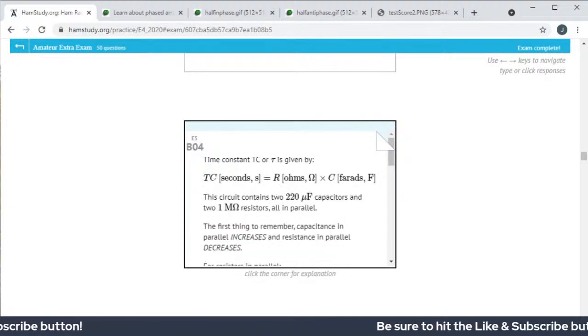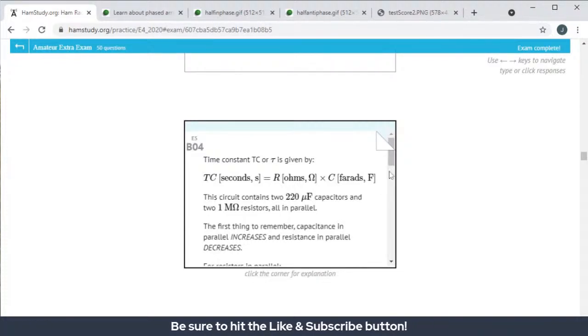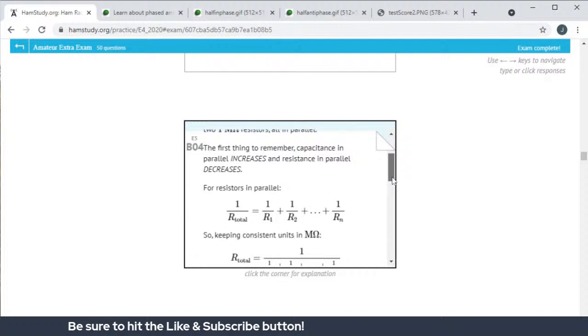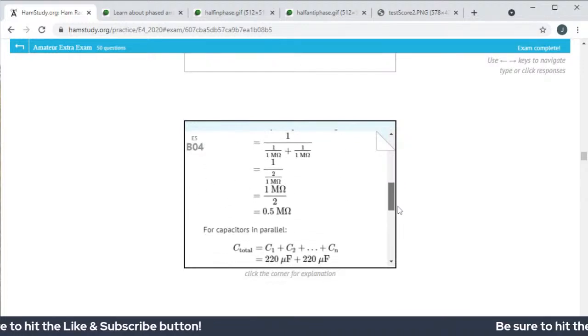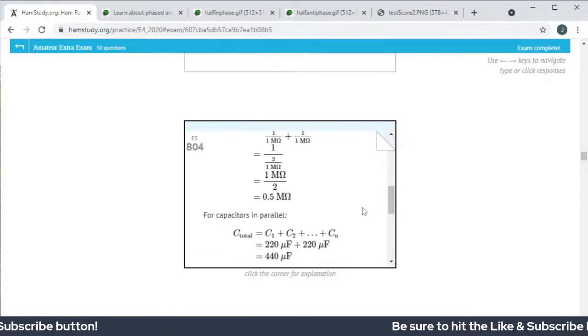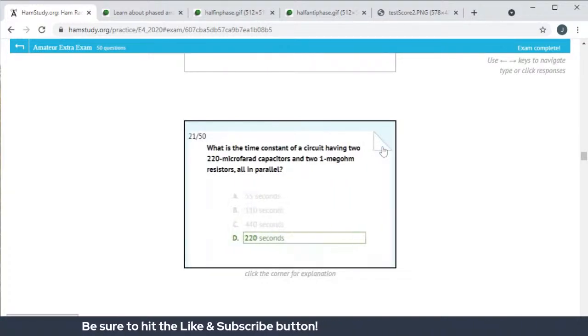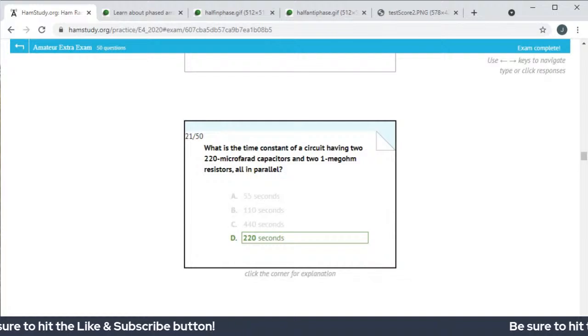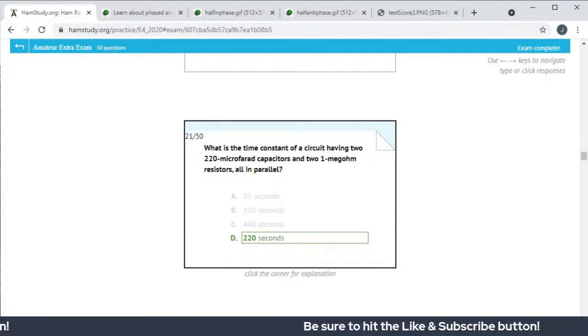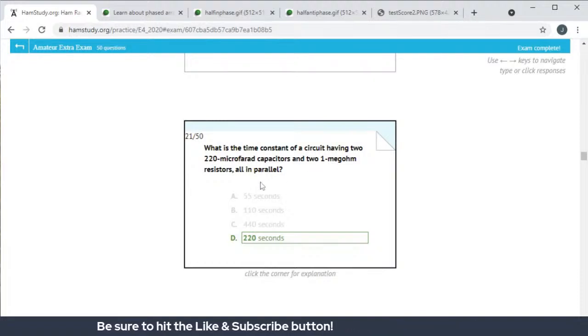Time constant is ohms times farads. Picofarads are added together. Resistors are divided, and then you multiply them together.